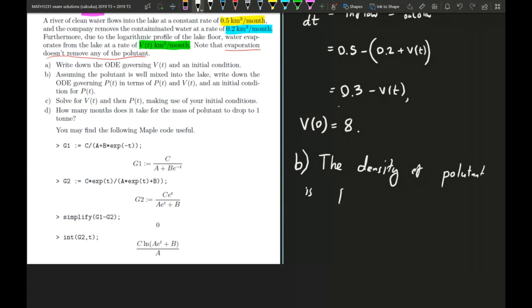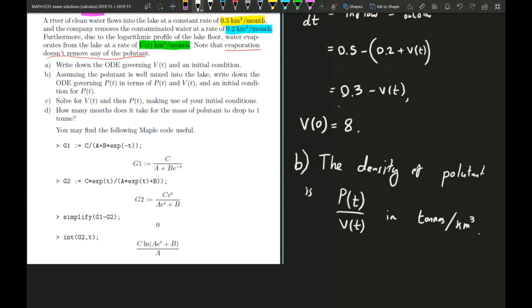So the density is the amount of pollutant over the volume, and that's measured in, so how much was pollution measured in tons? That's tons per kilometer cubed.